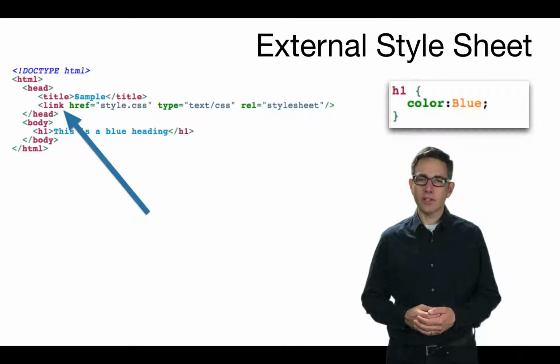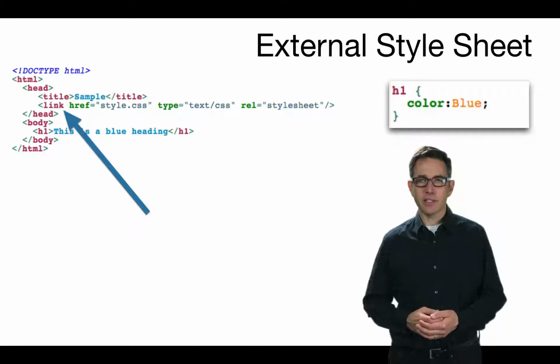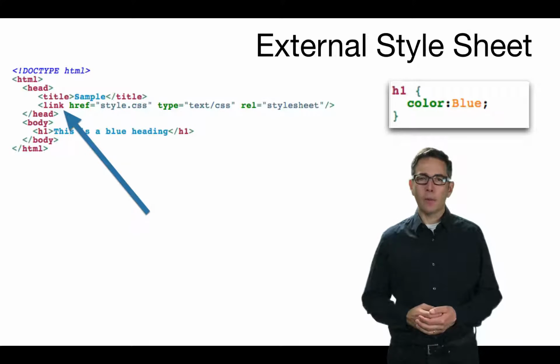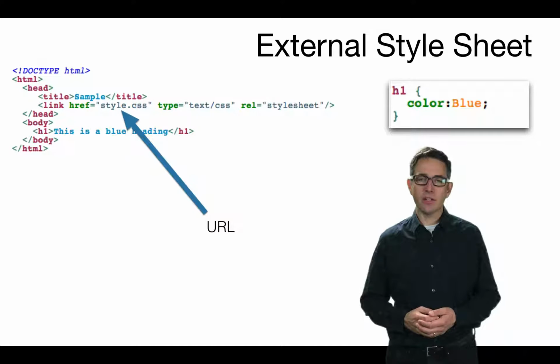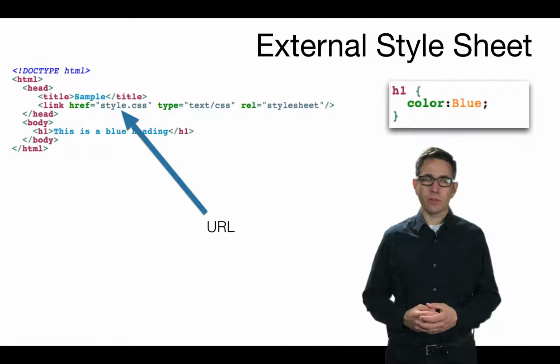All right, now an external style sheet is very similar. The only thing is that we link the description of the styling to another file, as we've seen. And the way we do that is we use a link tag, and then we put that in the head of the HTML document. When we do this, we have to specify a couple attributes. We have to specify the href. This works the same way as an anchor tag or an A tag when we have a hyperlink. What the value of the href attribute contains is a URL for the file that has our CSS rules.